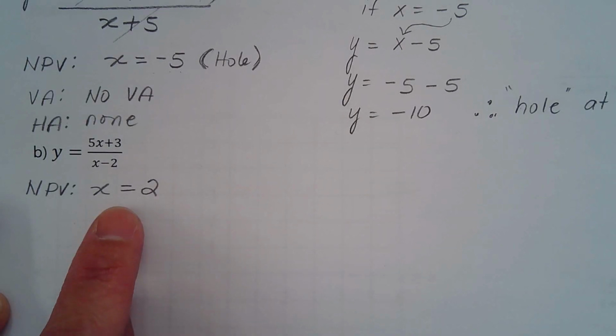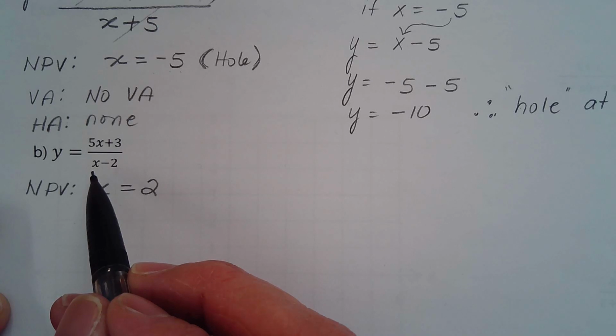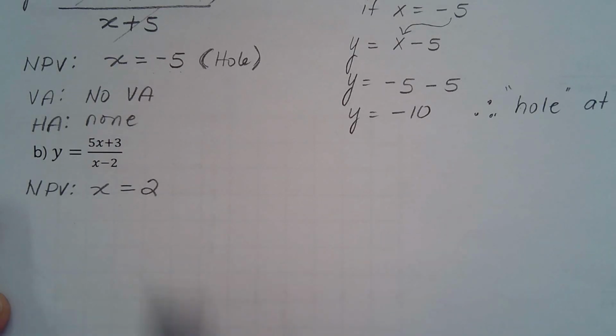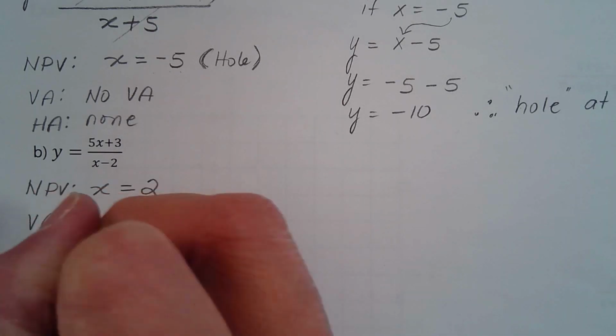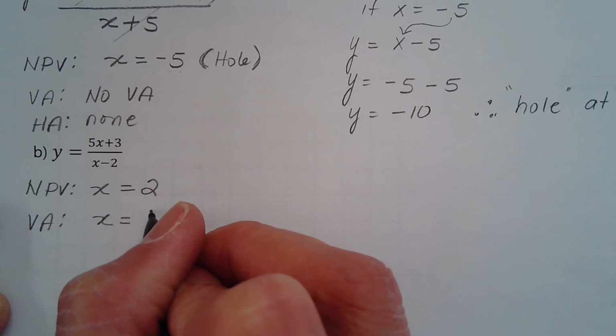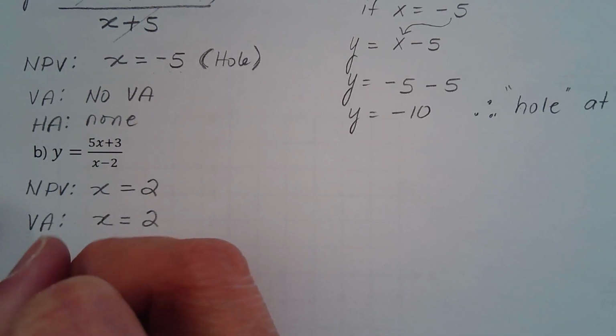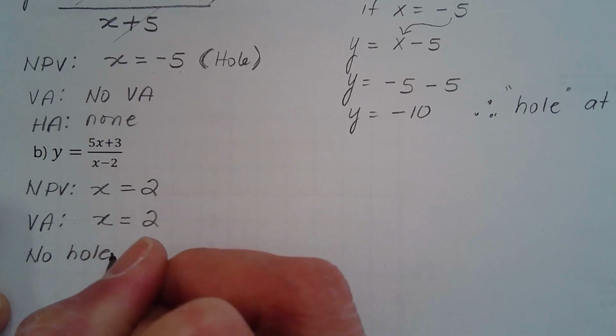Now the non-permissible value doesn't cancel, right? It's not a common factor. So therefore, what's the vertical asymptote? x equals +2. Are there any holes? No. Okay, no holes. Let's just put that here. No holes.